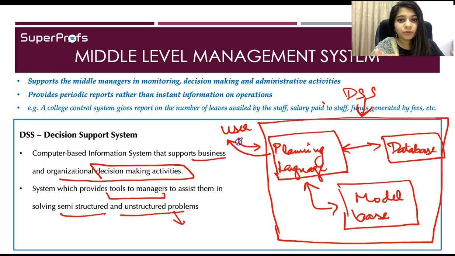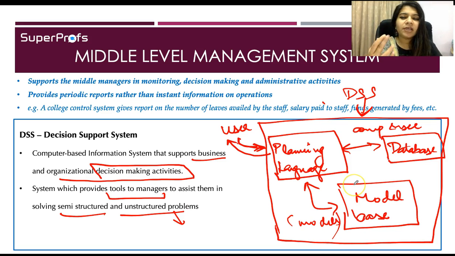So the user interacts with this planning language, which in turn is connected to your database. The database contains company and user information, and the model base consists of information about previous instances, previous experiences which have happened, which are considered as models. Like you have test papers, some model test paper or previous year question paper.